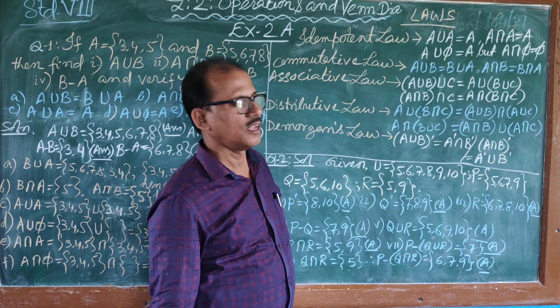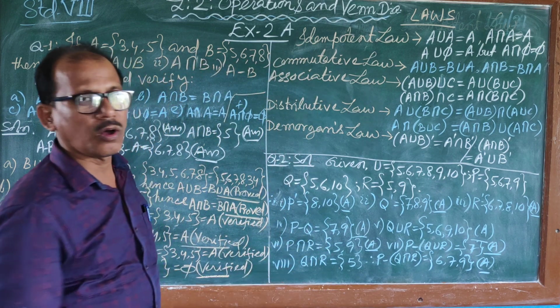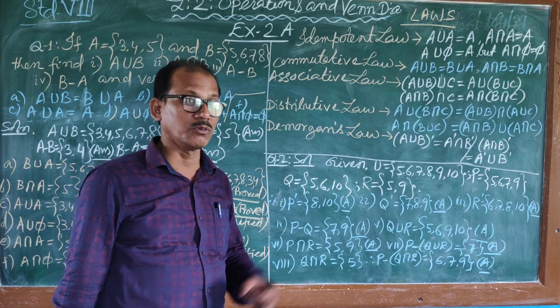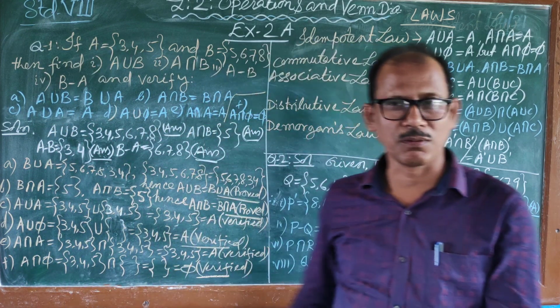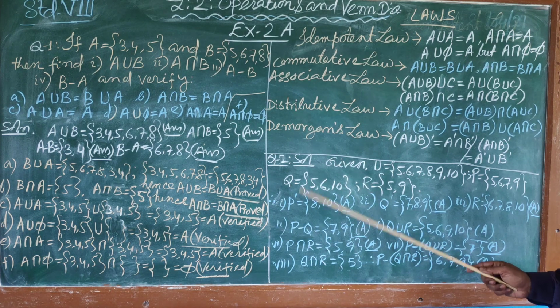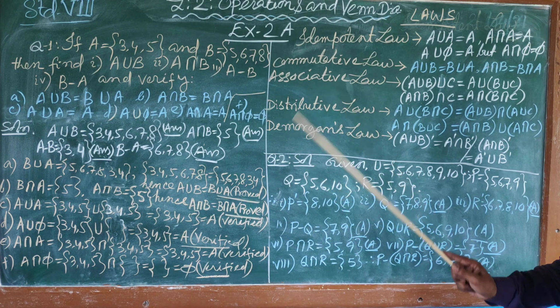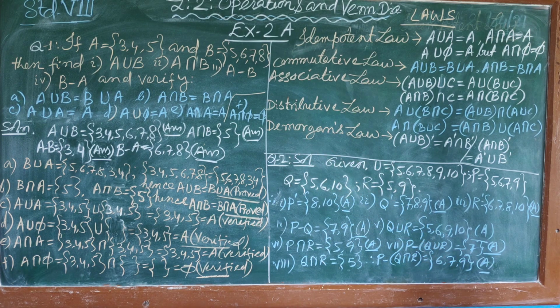Could you understand? Now, the distributive law, try to understand it. You remember the distributive law you learned for multiplication: A into (B plus C) will be AB plus AC, isn't it? Similarly, here also A union (B intersection C) will become (A union B) intersection (A union C).